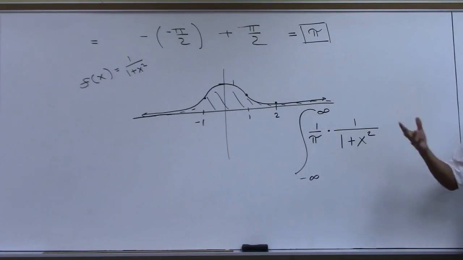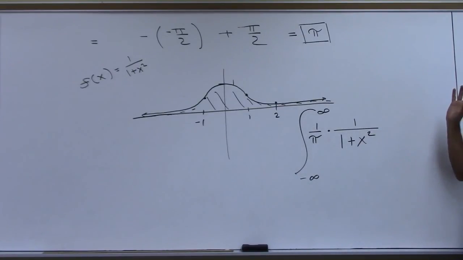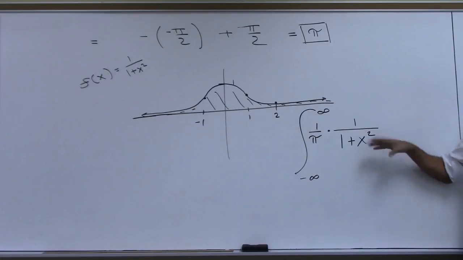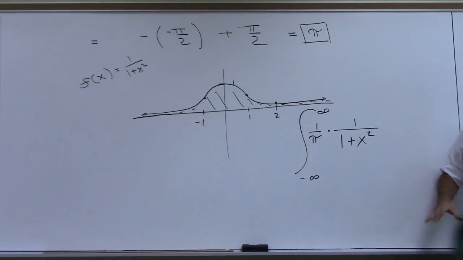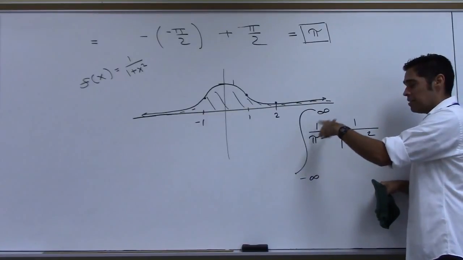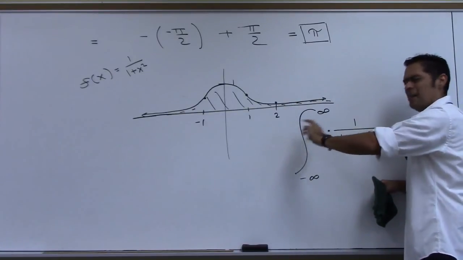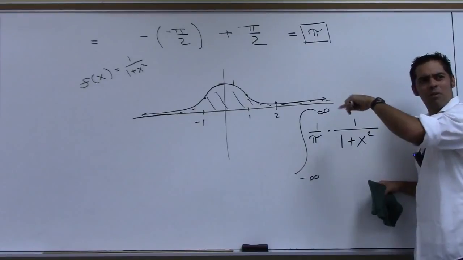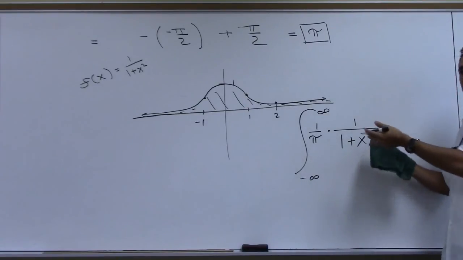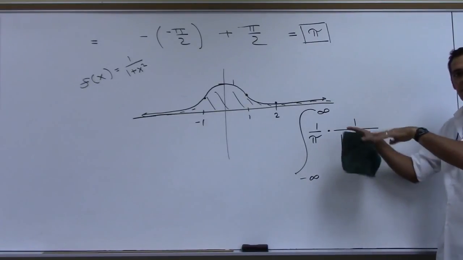So the calculus-based statistics would look at things like this, all right? And you'll see a lot of times in those probability density functions, constants on the outside. You're like, where's that 1 over pi coming from? It's because of the need to make it 1, so they scale it.